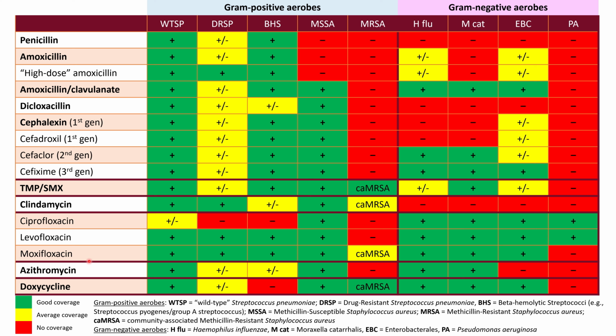Levofloxacin and moxifloxacin are the two that have excellent activity against beta hemolytic strep, as well as MSSA. Levofloxacin doesn't cover MRSA, but moxifloxacin can cover some community-acquired MRSA. But the rate of resistance might also be increasing with moxifloxacin.